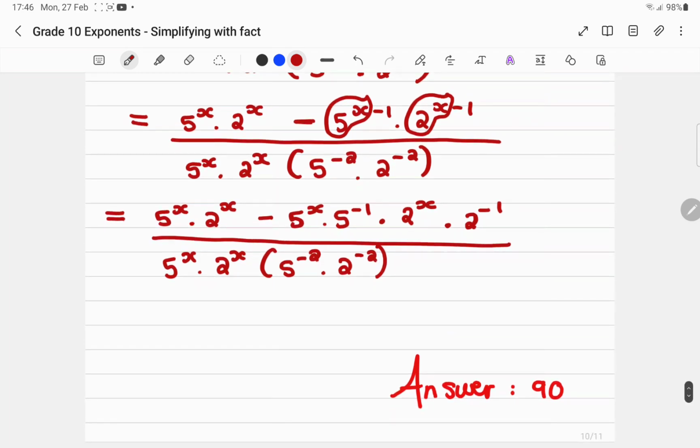Okay, now at the top, I'm going to take out from, let's highlight it with a lighter color. From this term, can you see I can take out a 5 to the power x times 2 to the power x.